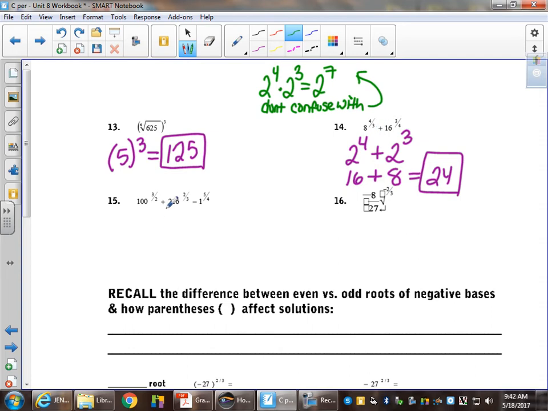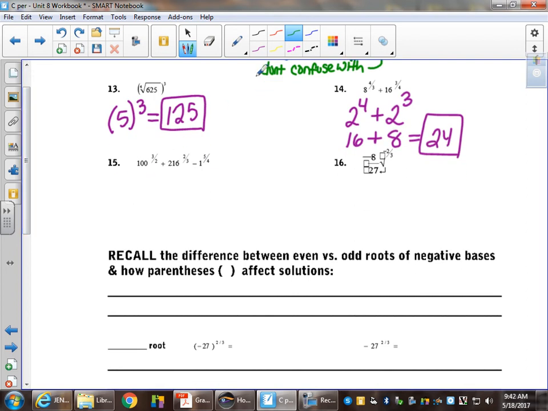This was number 14. 15, leave it, it's just a minus sign. Minus and negative are the same. 1 to the 5/4 you do separate of the negative. Well, let's work it through. So for the start of 15, what did you do first? Square root of 100 is 10 to the 3rd, because 3rd root of 216 is 6 squared.